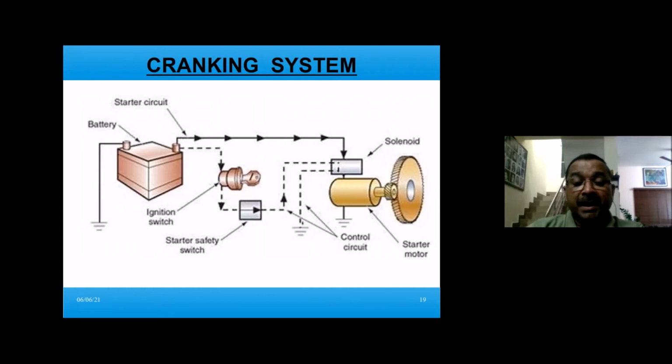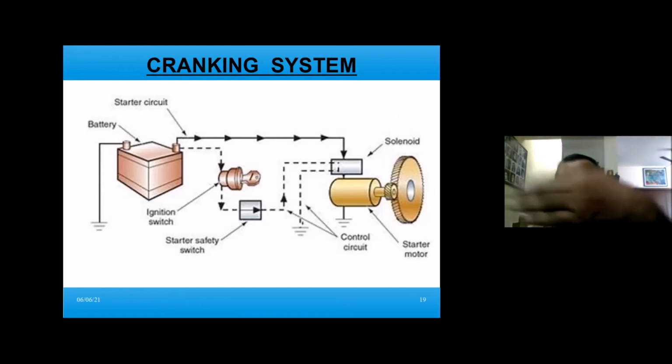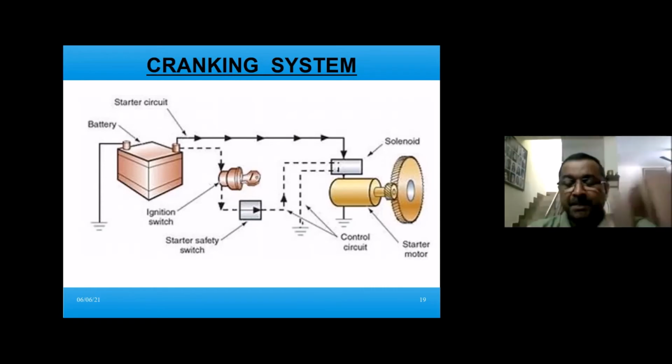Initially, for a particular time, you will keep this system operational so that your crankshaft will be rotating and reach a particular RPM at which the power strokes get generated, and then the engine will go on working.